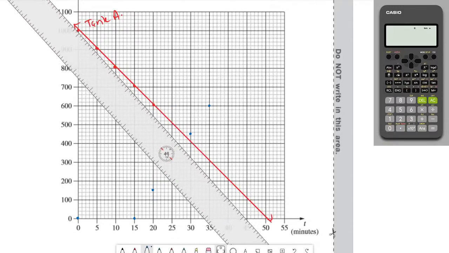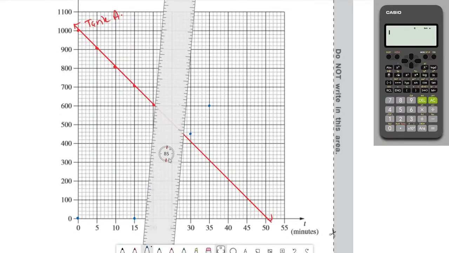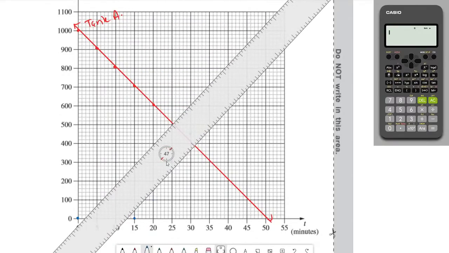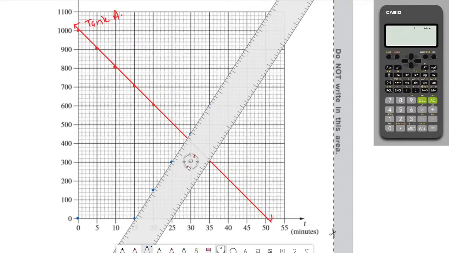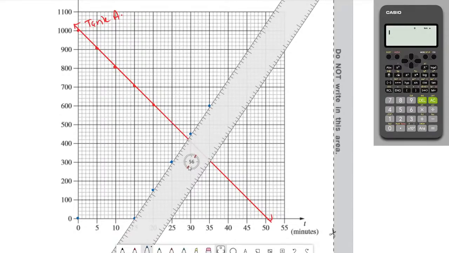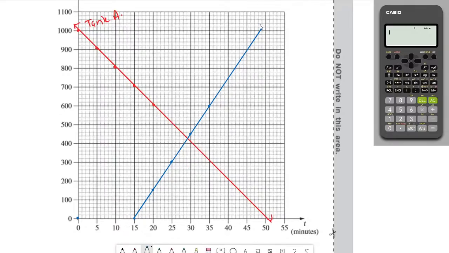I don't know how to spin this. Oh, there we go. So if we take our good old ruler, it's going to be a bit higher this time. That's looking pretty spicy if you ask me. This is going to grow up like this. And this is our tank B.